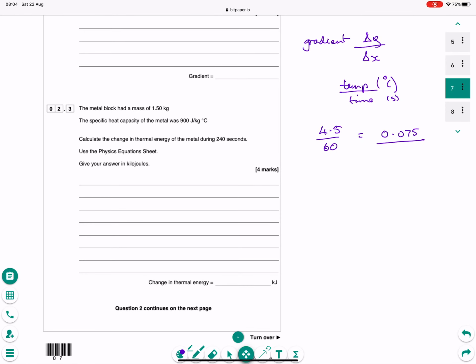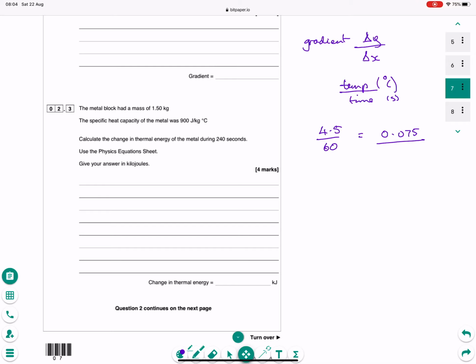Next is the metal block had a mass of 1.5 kilograms. The specific heat capacity of the metal was 900 joules per kilogram per degrees Celsius. Calculate the change in thermal energy of the metal during 240 seconds. Use the physics equation sheet.